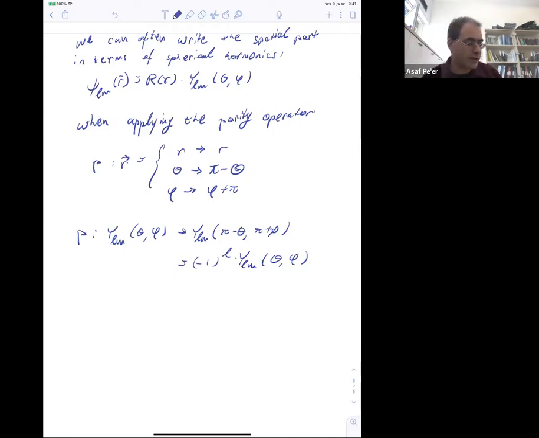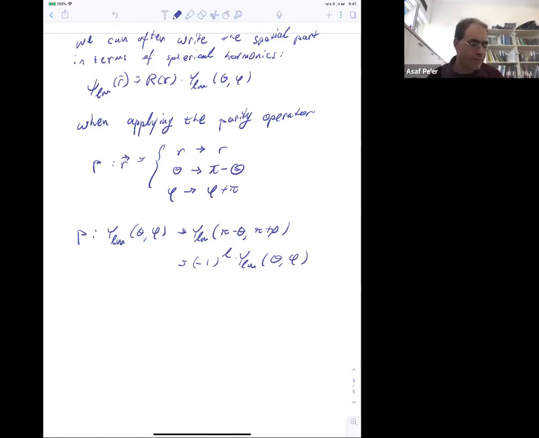If we take the parity transformation on a given state, it can act on both the spatial part and the intrinsic part. That's because the fundamental particles do have intrinsic structure, or intrinsic parity, such as spin, although we often treat them as point-like particles.